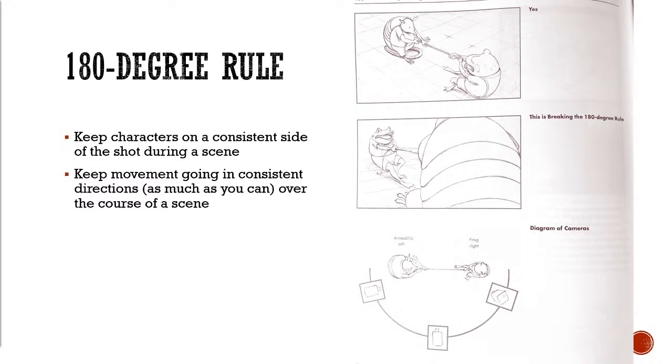If you were to have one above, on the other side of the characters, that would break the 180-degree rule, and that would put the armadillo on the right and the frog on the left, as opposed to the armadillo on the left and the frog on the right. So if you were to take the middle image and literally do a Photoshop edit, flip horizontal, you'd fix it.